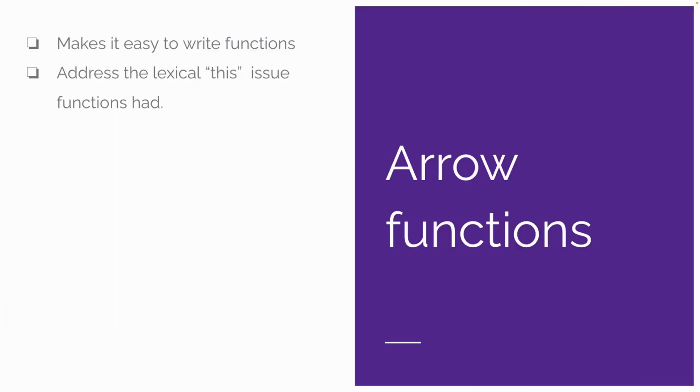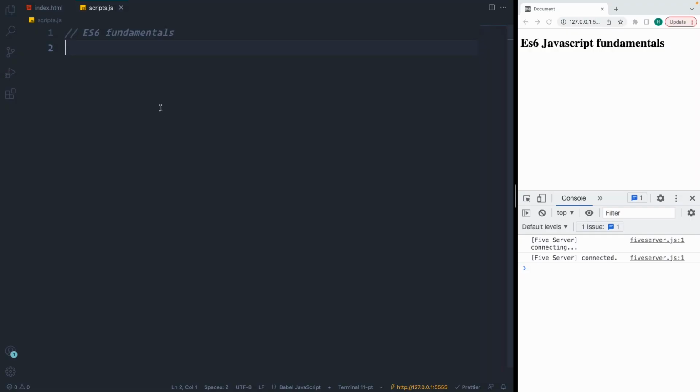The next feature in the list is arrow functions. Arrow functions offer changes in terms of syntax as well as functionalities. With arrow functions, it became much easier to write functions as well as address the lexical this issue we had with functions. Let's have a function called add which accepts a and b as the parameters, and within the function let's say return a plus b.